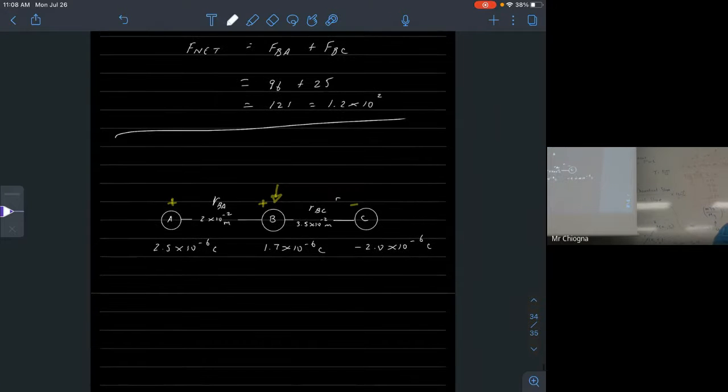I'm just changing one thing here. Change this to a positive. Everything else remains the same, but this becomes a positive. Same value, except it's positive.